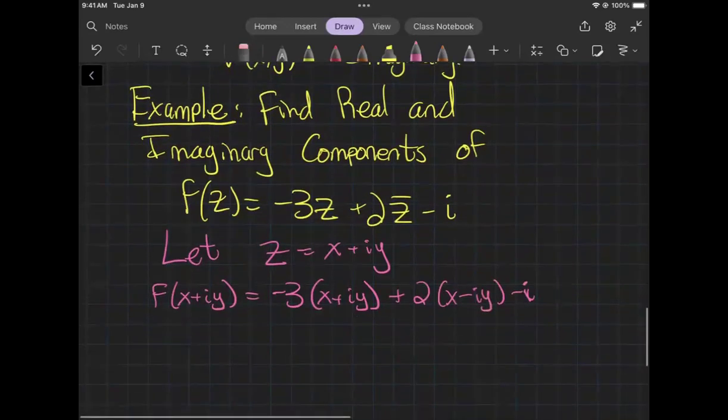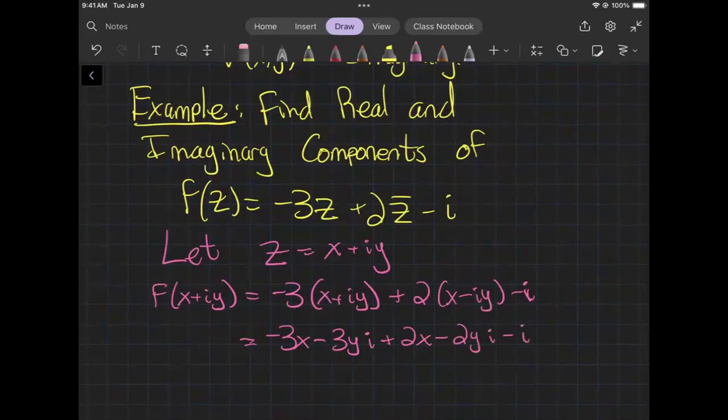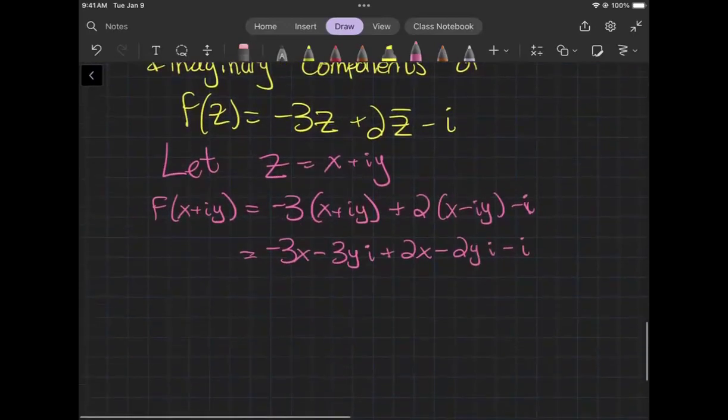Okay? And so this equals minus 3x minus 3yi plus 2x minus 2yi minus i. Okay. So the real component will be the quantities that don't have an i in it. So we would have a minus x as our real component.